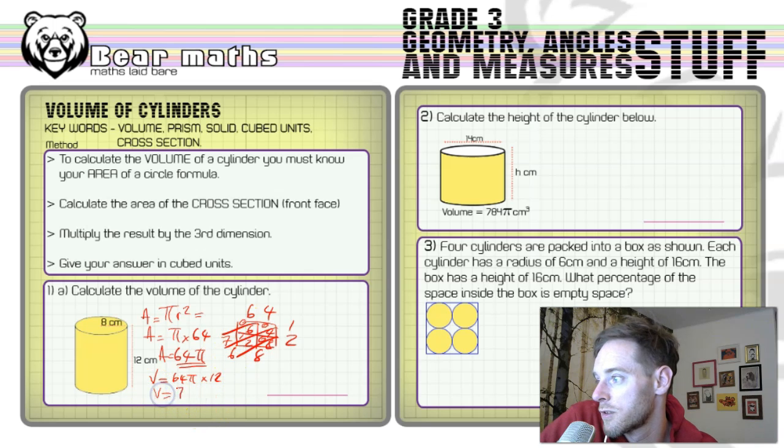Volume equals 768 pi centimeters cubed. The area was in centimeters squared, I forgot to put that, and the volume is in centimeters cubed. Now that could be our answer.